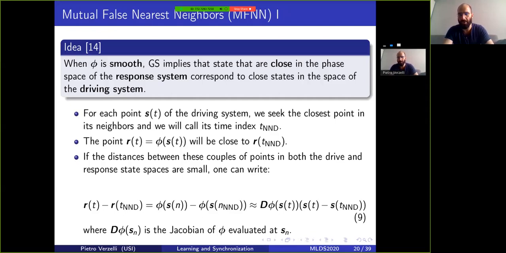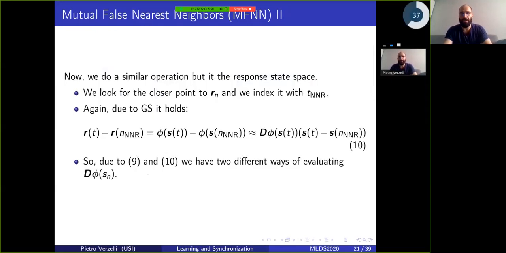So you are expanding this relation into the linear one. And then you do the same, but this time in the response space. You find two points in the response space, you take the corresponding points in the drive space, and then you do the same. You now have a different equation, but still the Jacobian is present. It's the same Jacobian because it's computed at the same point.